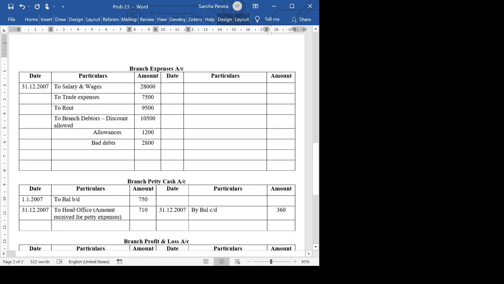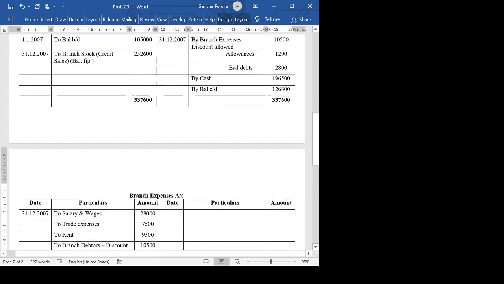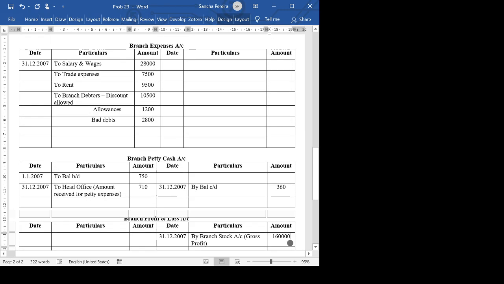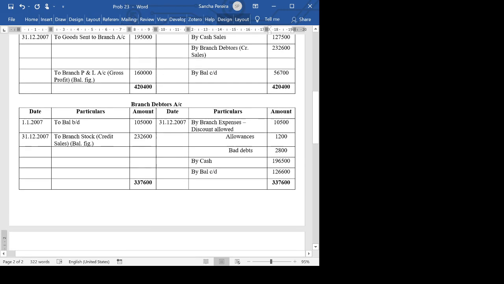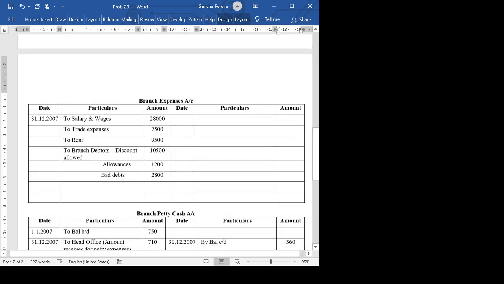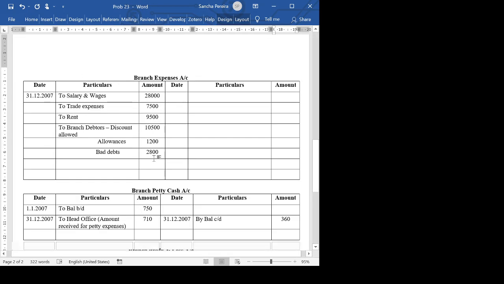Now coming to this, okay. Normally, what we would have done, we have closed the branch debtors and we have closed the branch stock. We have found out the balancing figures. Now, normally what we would have done is total this branch expenses and transfer the entire amount to profit and loss.